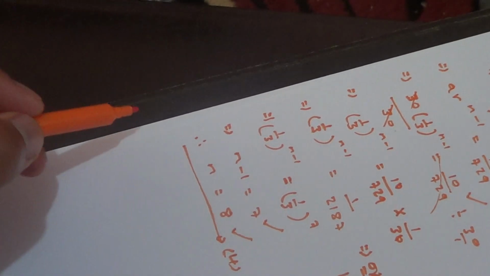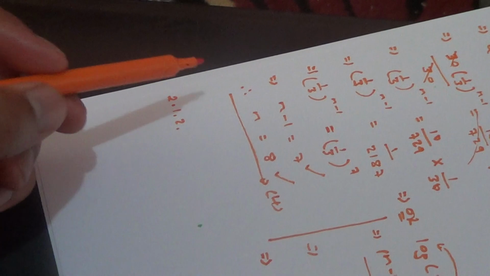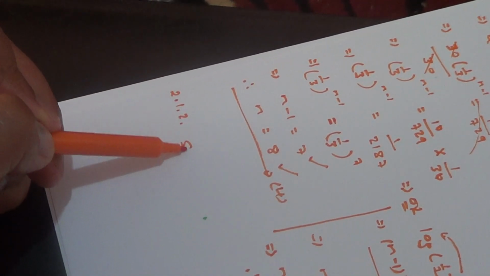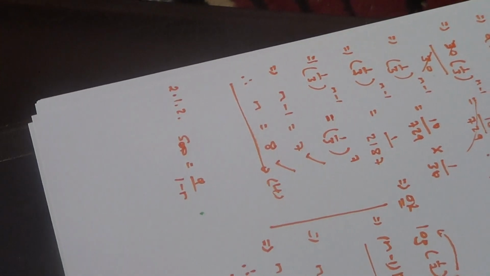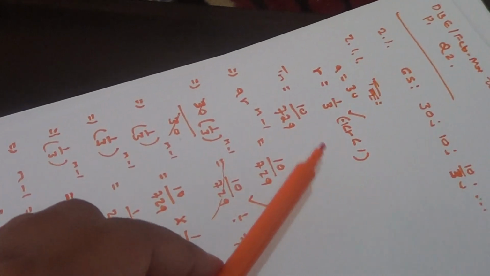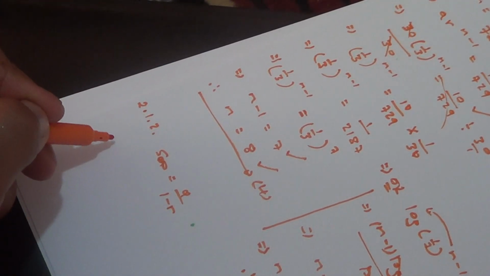So 2.1.2, we know here that S to infinity equals a over 1 minus r, provided r is in this format, and we know it is, we investigated it already.